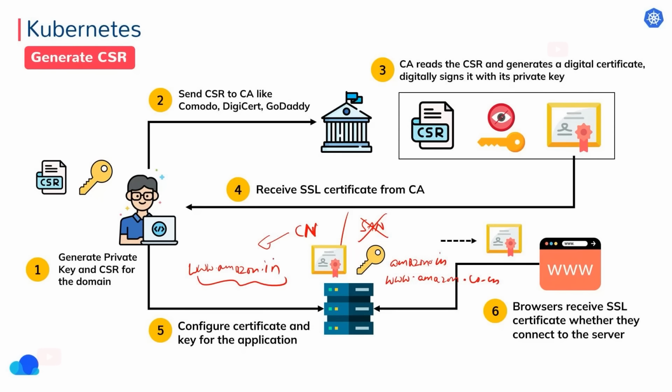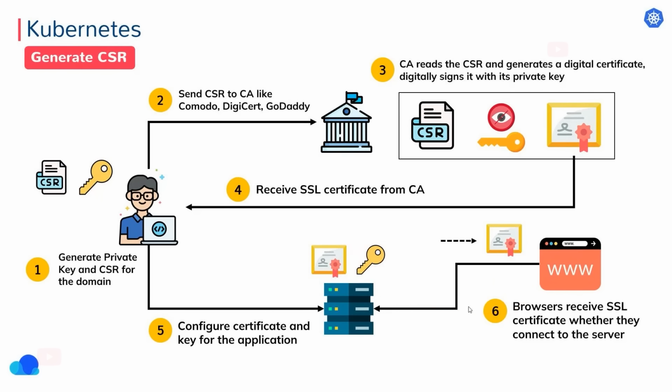If you take this as a domain, what are the aliases, the other names? That is called the subject alternative name. Whatever certificate you get from the certificate authority will cover all these names. The certificate is valid for all these names.